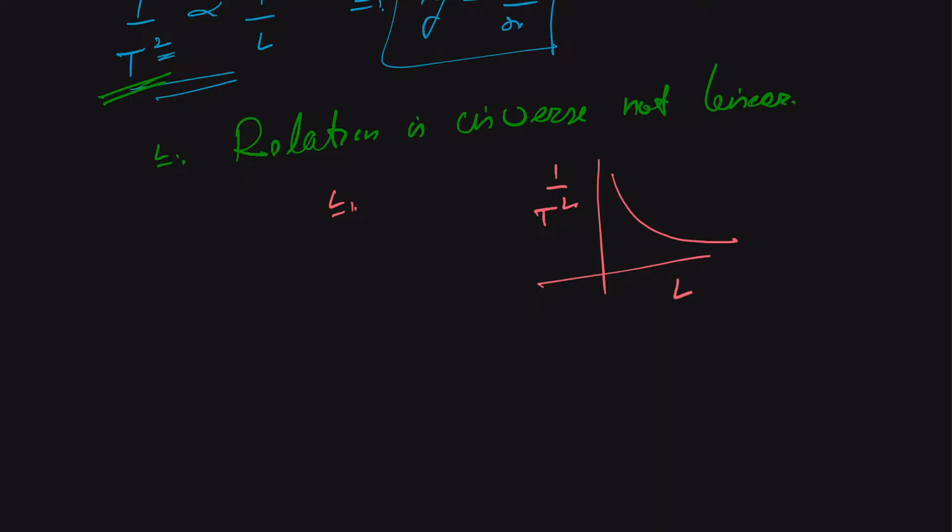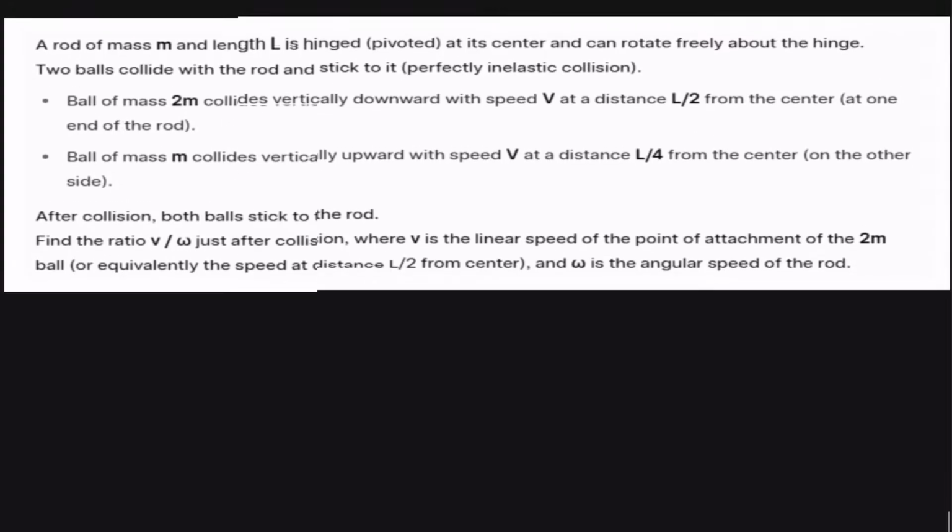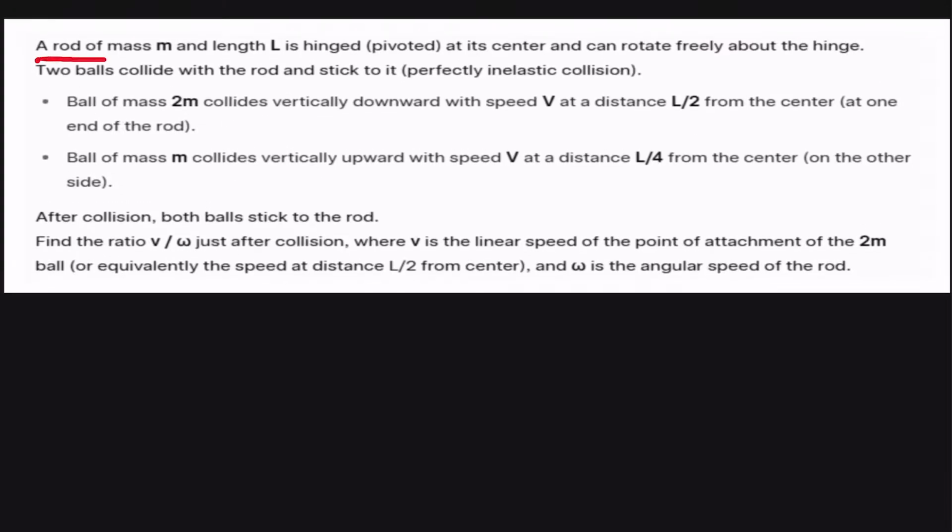So next question. Okay, so it states that a rod of mass m, length L is hinged or pivoted at its center and can rotate freely about the hinge. Two balls collide with the rod and stick to it, perfect inelastic collision.